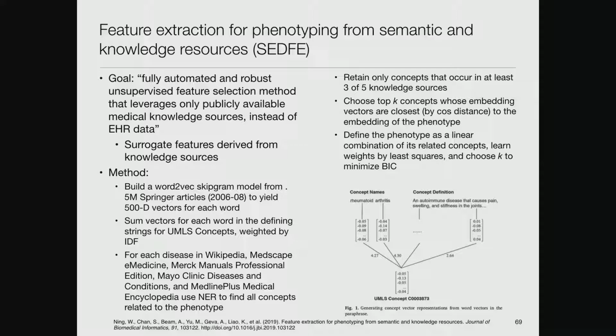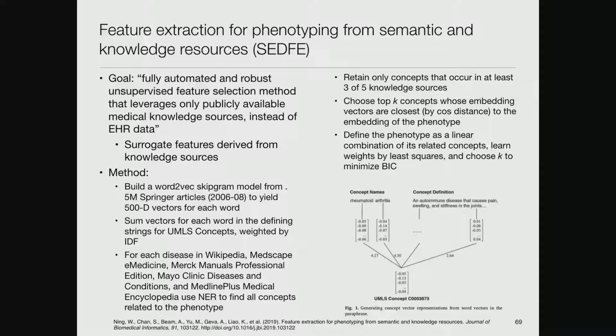So these are published medical articles to yield 500 dimensional vectors for each word. And then what they did is they took the concept names that they were interested in and their definitions from the UMLS. And then they summed the word vectors for each of these words, weighted by inverse document frequency.